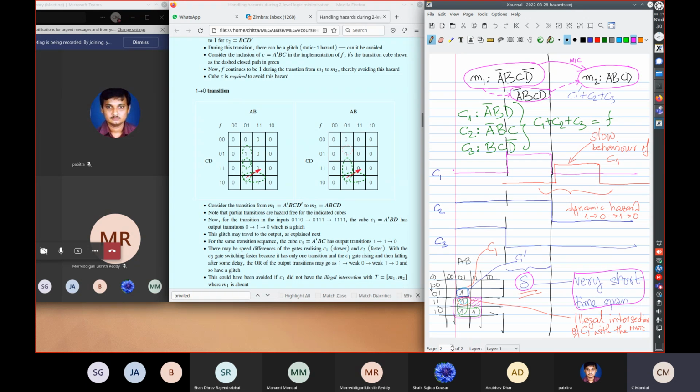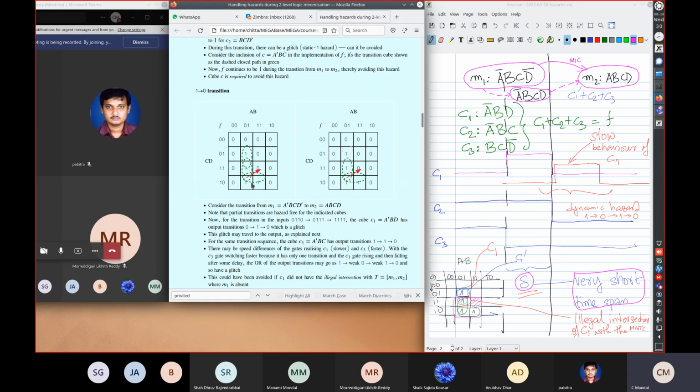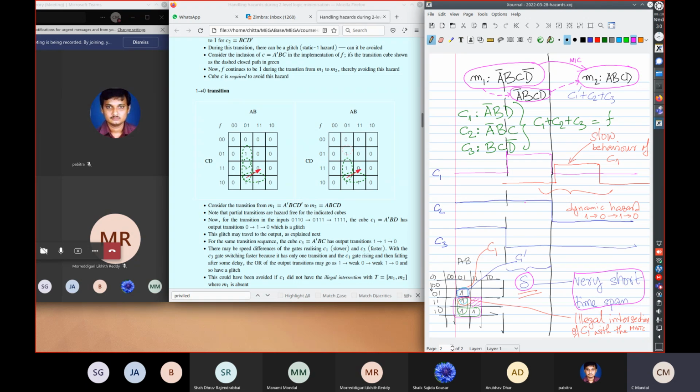So these are the ideal waveforms of C1, C2, and C3. As you can see, C2 and C3 are monotonic. C3 is going from 1 to 0, C2 is also going from 1 to 0. C3 is 0 for this condition M dash.